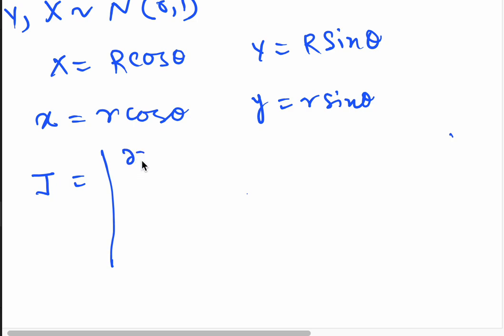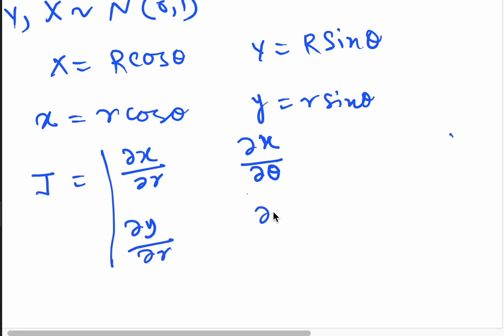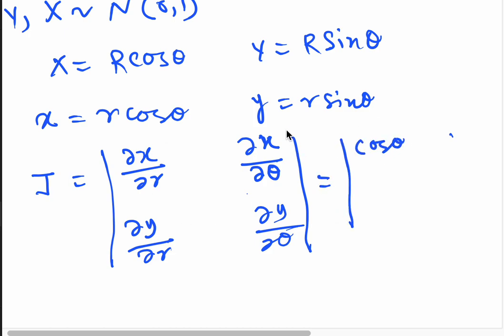So this is del x del r, del x del theta, del y del r, del y del theta. Del x del r is cos theta, and del x del theta is minus r sin theta. Now I get it correct. Del y del r is sin theta, and del y del theta is r cos theta.